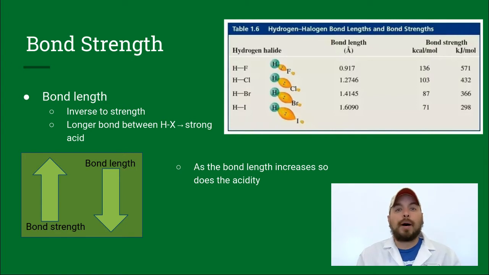The longer the bond is between the hydrogen and the anion, the stronger that acid will be. So for instance, hydrochloric acid is weaker than hydrobromic acid, and hydrobromic acid is weaker than hydroiodic acid. And it's all because the iodide ion is bigger than the bromide ion, which is bigger than the chloride ion.